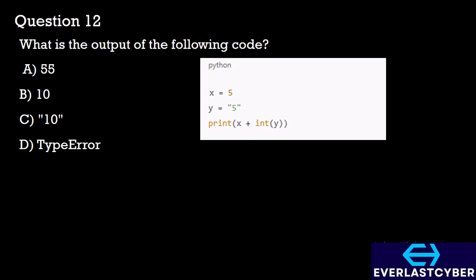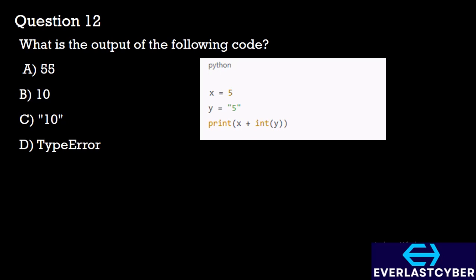In option B, let's take a look once more at the code we have on the screen. So x equals 5, and here x is an integer with the value of 5. y equals "5" in quotation marks. In this, y is a string with the value of 5. It is not an integer, it is a string because it is enclosed in quotation marks.